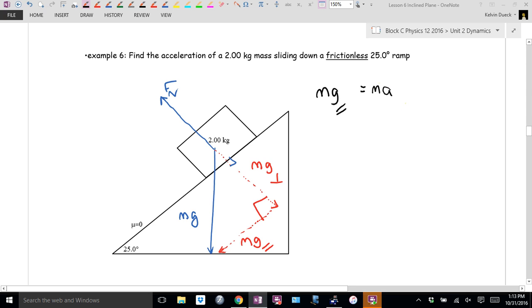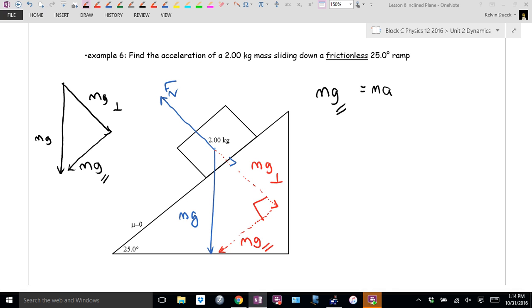We need to do some trig. I'm going to pick this triangle up and draw it right over here. So over here, I'm going to draw mg, mg perpendicular, and mg parallel. Once you've written that down, all of you look up for a second.